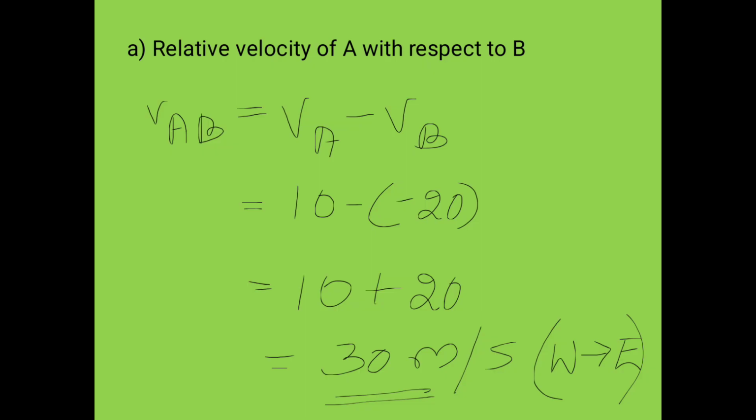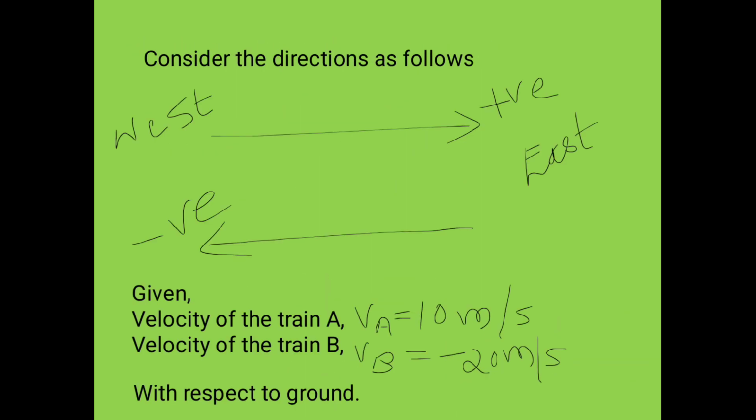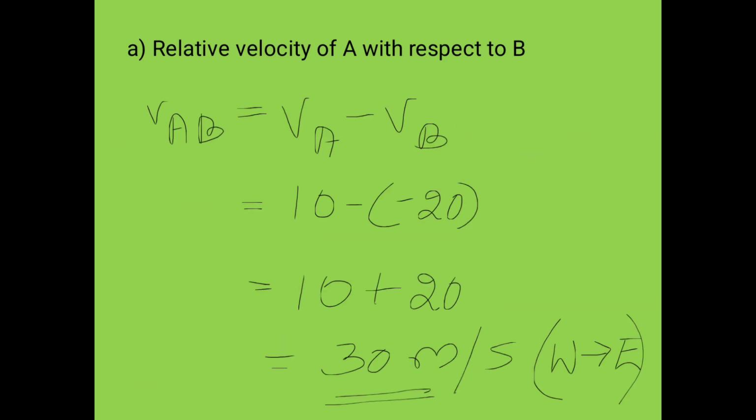So VA minus VB becomes 10 plus 20, minus minus becomes plus. So it is 30 meter per second. As it is positive, you can say it is from west to east, isn't it? The direction we have taken already, west to east, is positive. That is why the direction of this velocity is west to east.